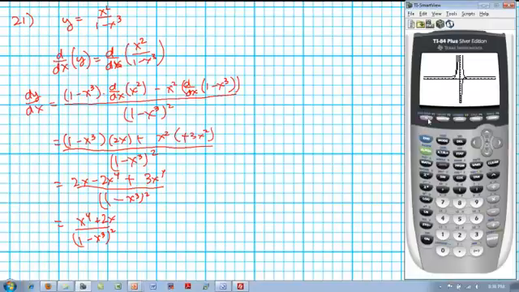Alright, let's confirm this graphically. So let's go back to my y equals menu. Let's put in x squared divided by the quantity 1 minus x cubed. Let's go ahead and look at that graph. Okay, looks like it dips up a little bit, comes down and comes back up. So it looks like I have two horizontal asymptotes there and there, and I expect that the derivative function is going to be 0 there.